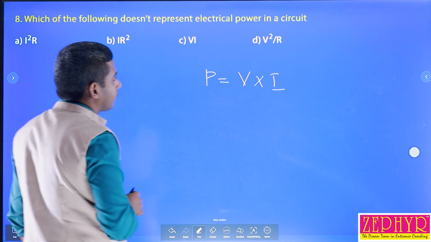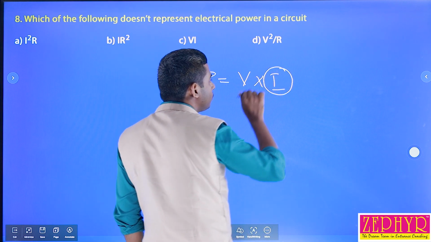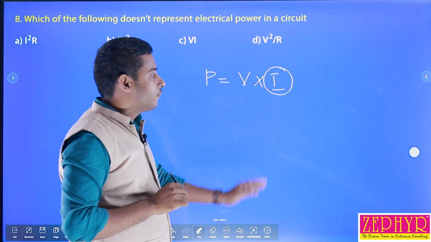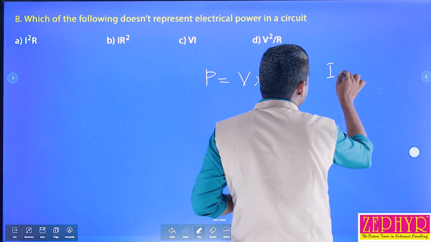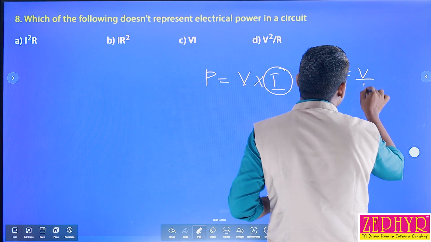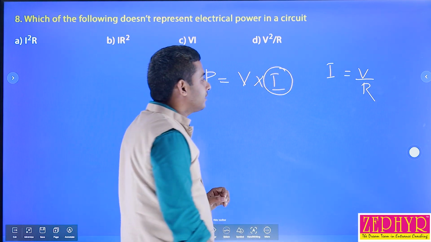Then, when I am substituting for this I, we know from Ohm's law I equal to V by R, right?